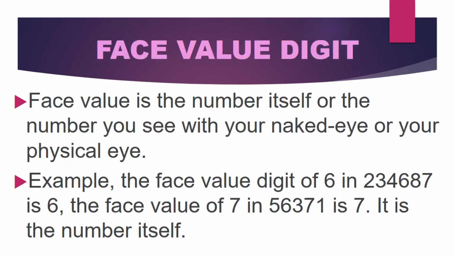Now let's talk about the face value digits. The face value digit is the number itself, the number that you see with your naked eye or your physical eye. The actual number that you use your eyes to see, that one we call the face value digit.